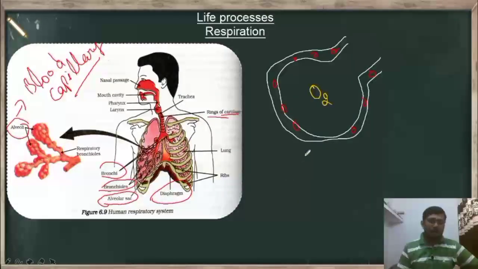So now the alveoli has oxygen. This oxygen must enter into the bloodstream. This happens by the process called diffusion.